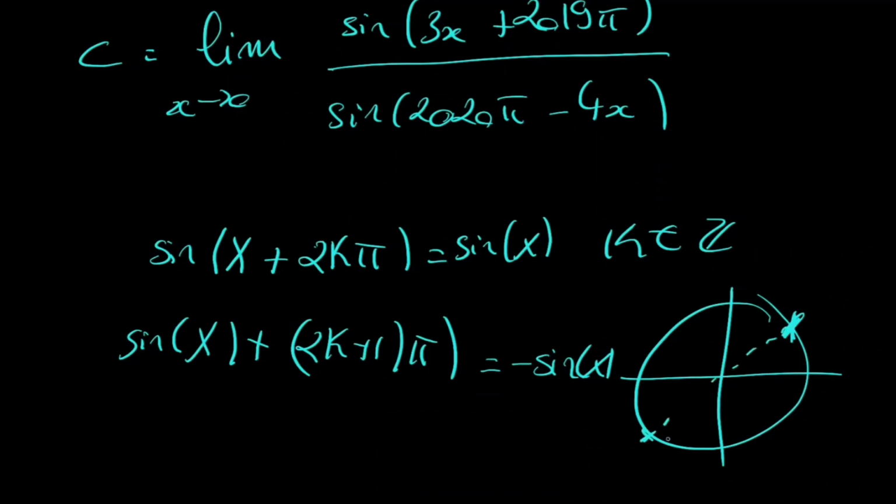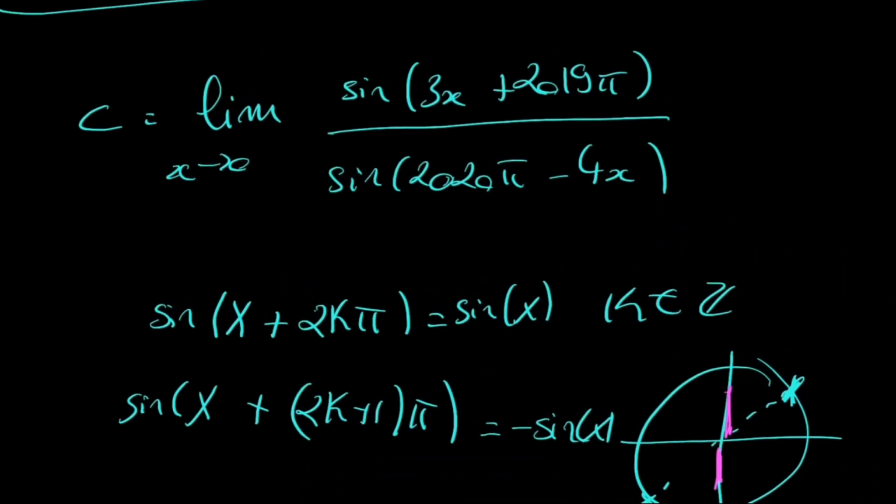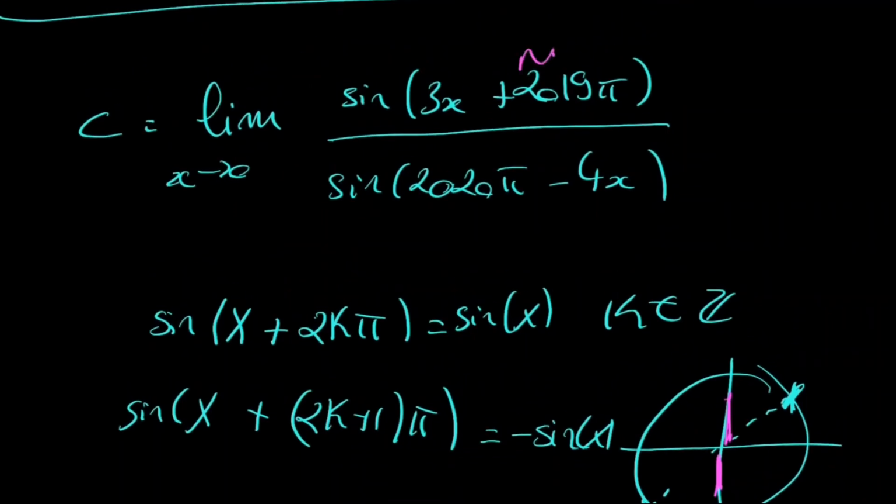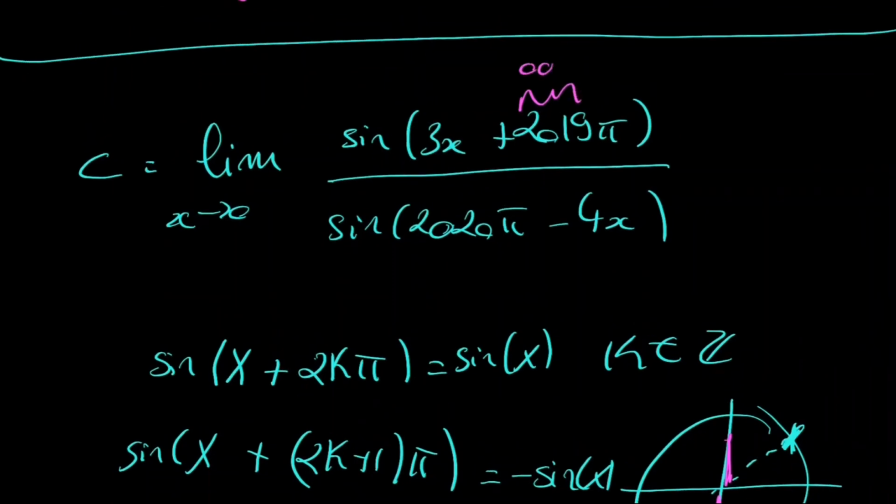And you can see that this sinus is equal to minus this one, exactly. So sinus of x plus 2k plus 1 pi is equal to minus sinus of x. And that being said, we've got an odd multiple of pi here, so this thing is odd, so it's equal to 2k plus 1 with some k.